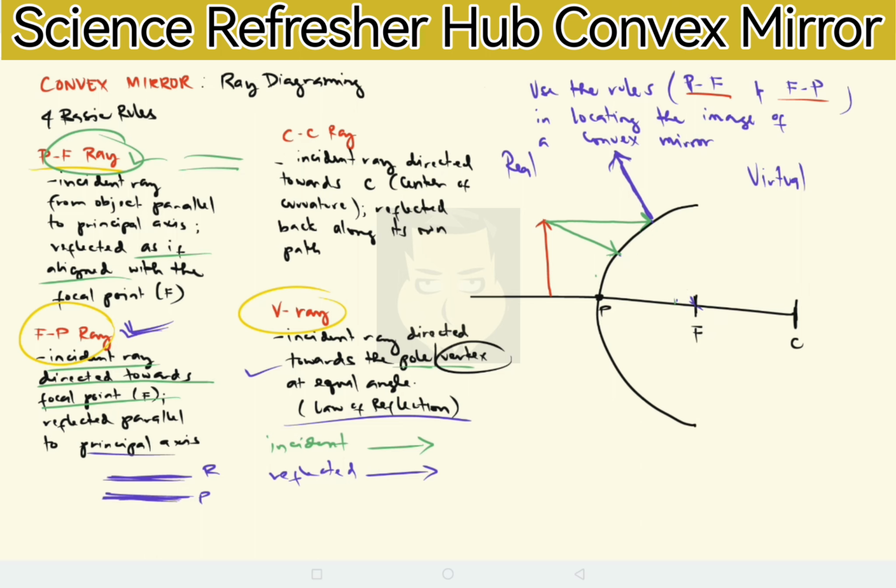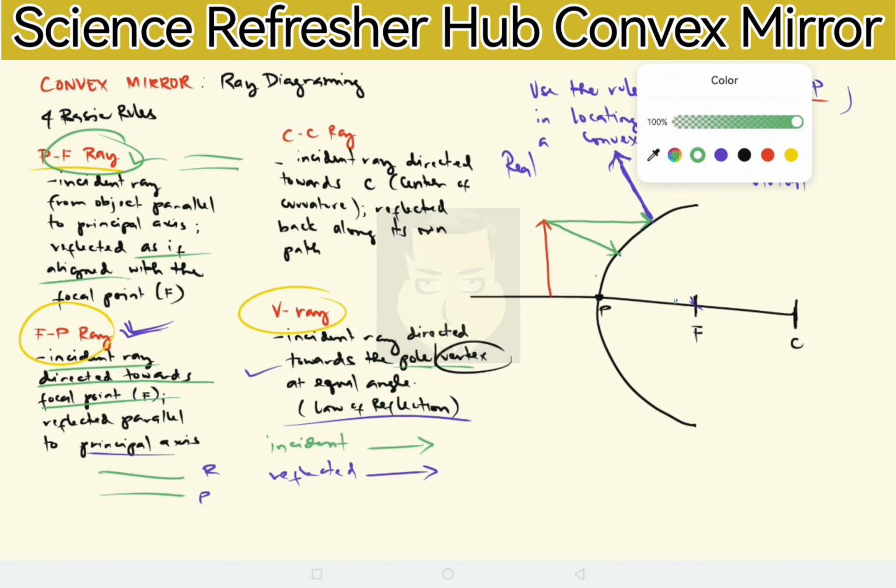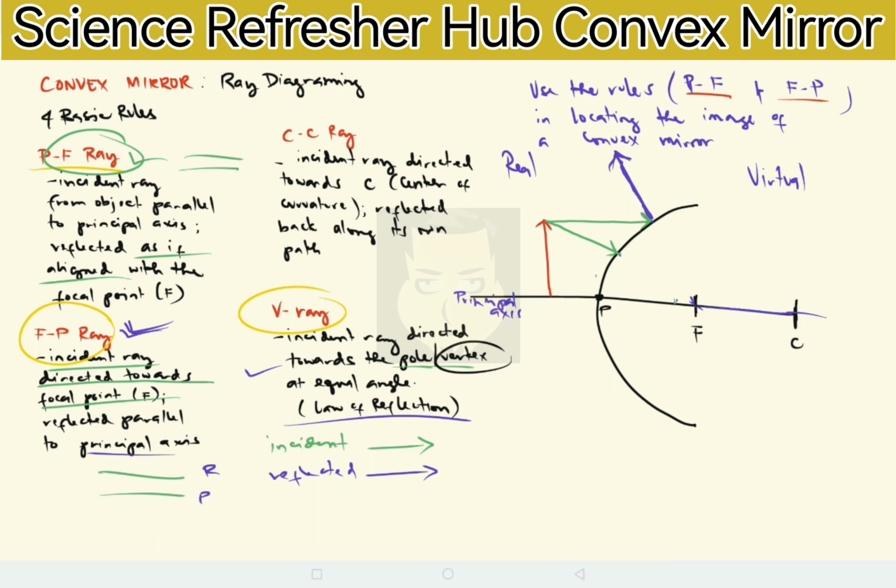Okay, the reflection must be parallel. Again, the line of parallel, meaning to say they are not intersecting, they will never meet. So the reflected ray will be parallel to the principal axis. This is going to be our principal axis, and this is also our principal axis here.